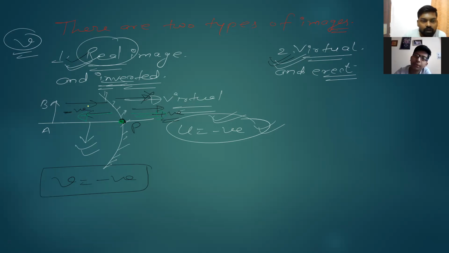Now, light is not going in this medium in real. It is bouncing back in the same medium. Light is changing the path without change in medium. So we can say that V will be negative for real image.